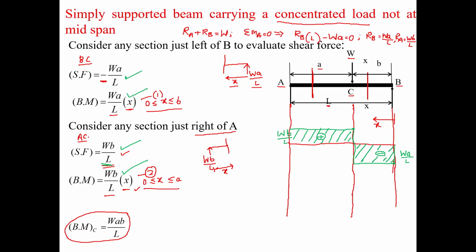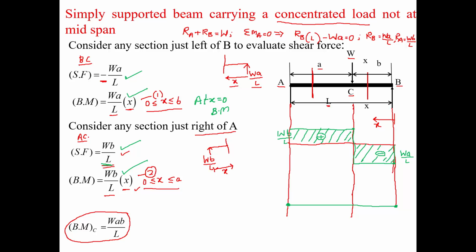Next, when we move to the bending moment diagram, we can clearly note that the bending moment at point C, at point B and at point A is 0. Bending moment is 0 at x is equal to 0.